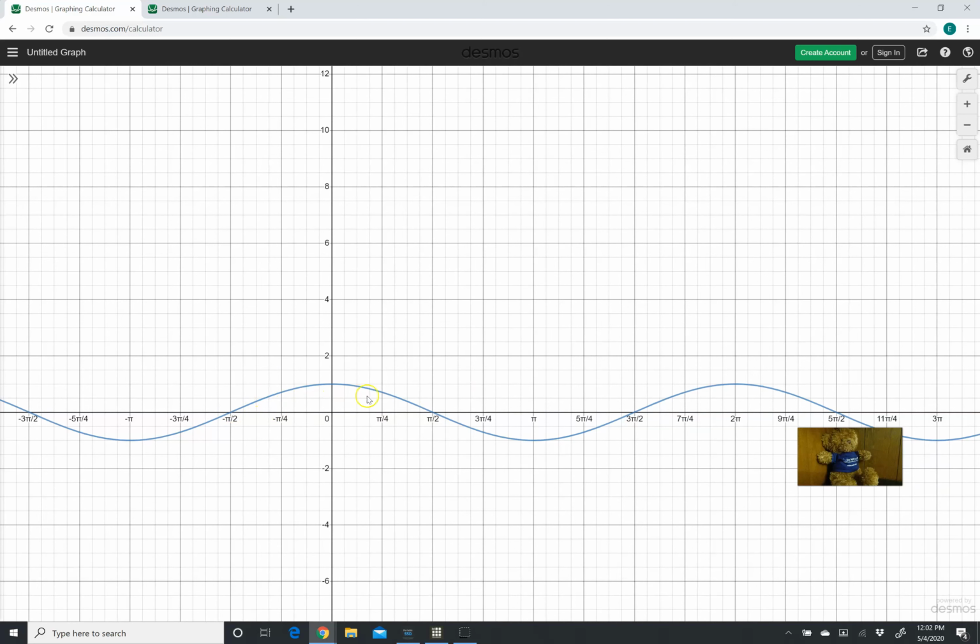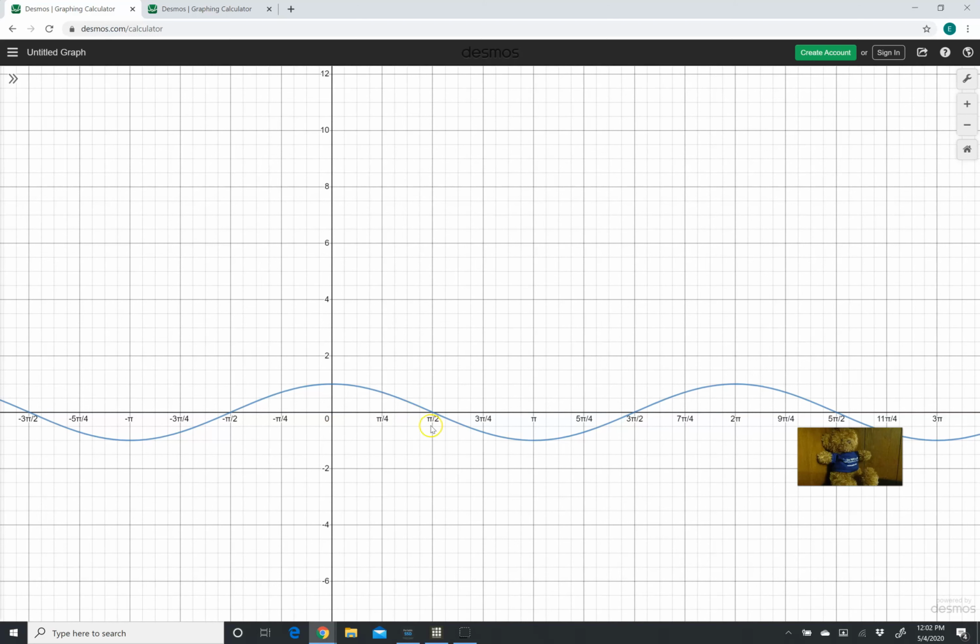That's going to fail the horizontal line test, and it means we get all of the positive y values, but none of the negative y values. So the range is different. What we're going to do is go from 0 to pi instead, because then we get all of the y values that go from 1 to negative 1, and we don't have any repeating values.